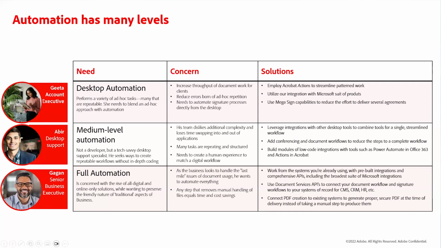We also have Gagan, who is a senior business executive. Gagan is concerned about the rise of technology and needs to ensure that the technology in his ecosystem can talk to each other, and he can help automate certain manual processes that are still left behind by the core pieces of technological infrastructure that exist in the organization today.